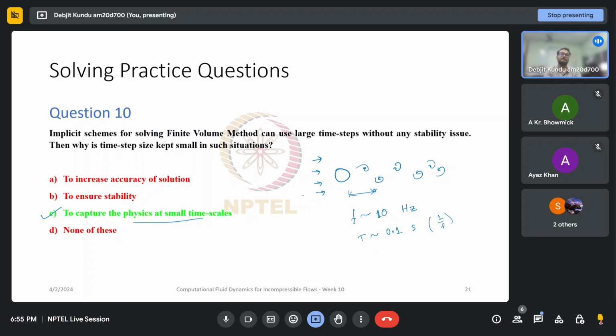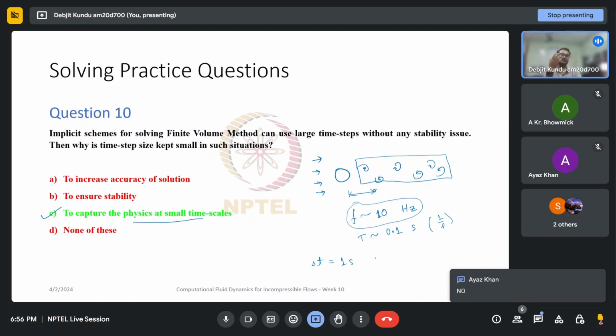Now, in my simulations, if I use an implicit scheme and a very large time step, let's say I use 1 second as my time step, then will I be able to see these? Will I be able to resolve this frequency of 10 hertz? No, right?